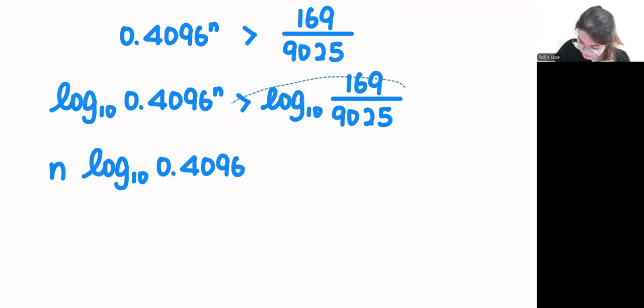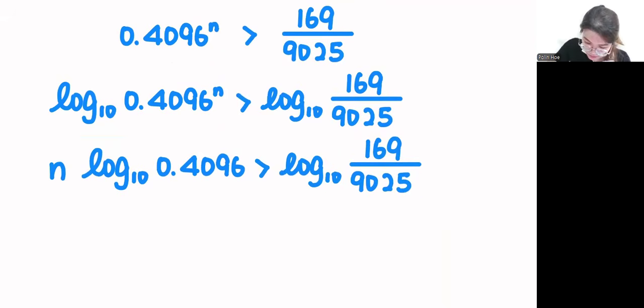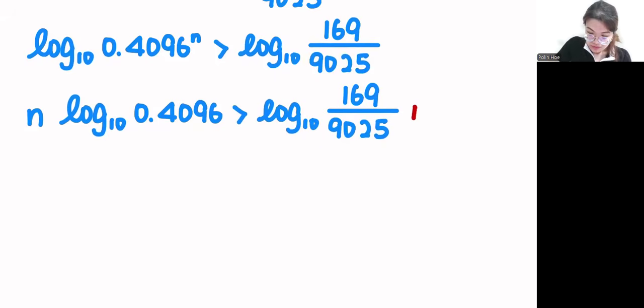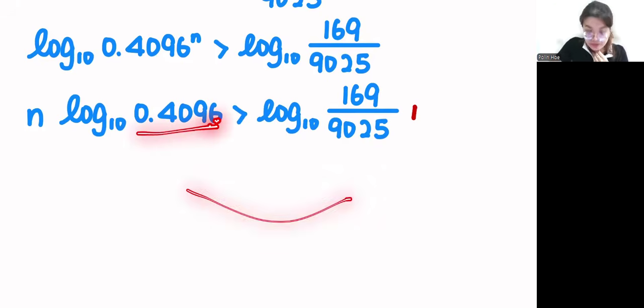Logarithm law. This is the line that gives you another mark. 0.4096 is less than 1, so its log is a negative number. When you divide, you need to change the inequality sign.